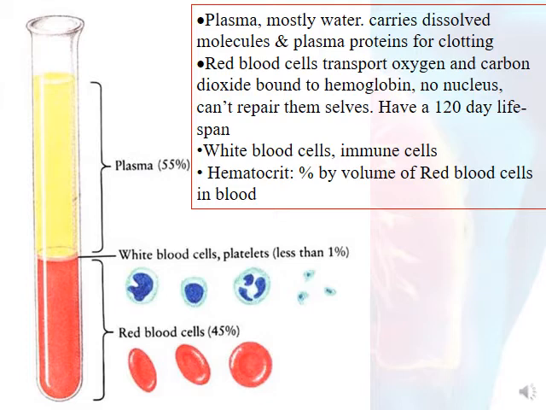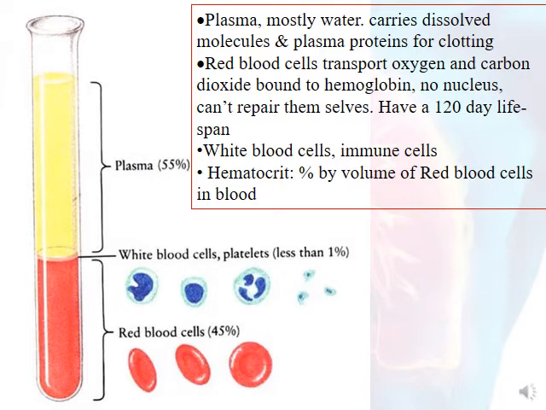White blood cells, as you saw in grade 8, are called the immune cells. They have a role in immunity. Hematocrit represents the percentage by volume of the red blood cells in the blood.